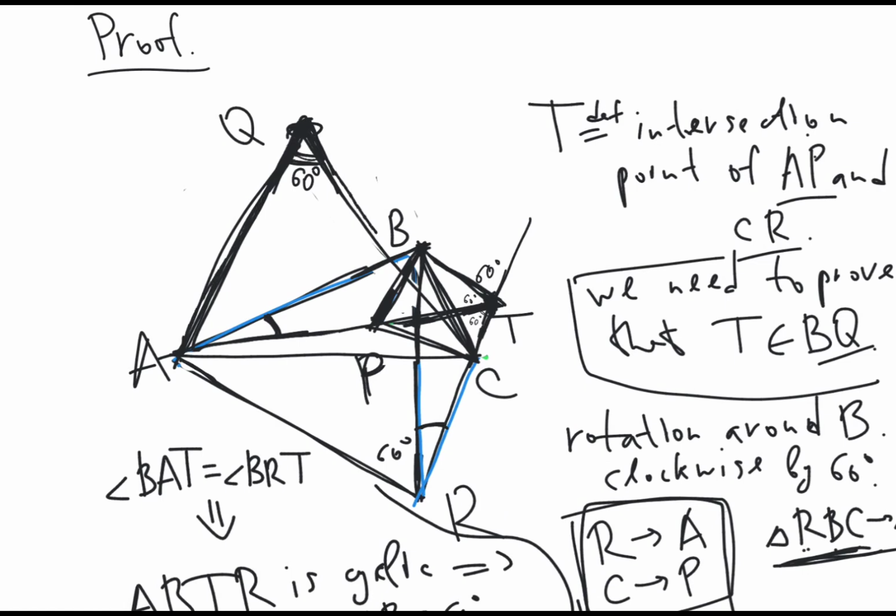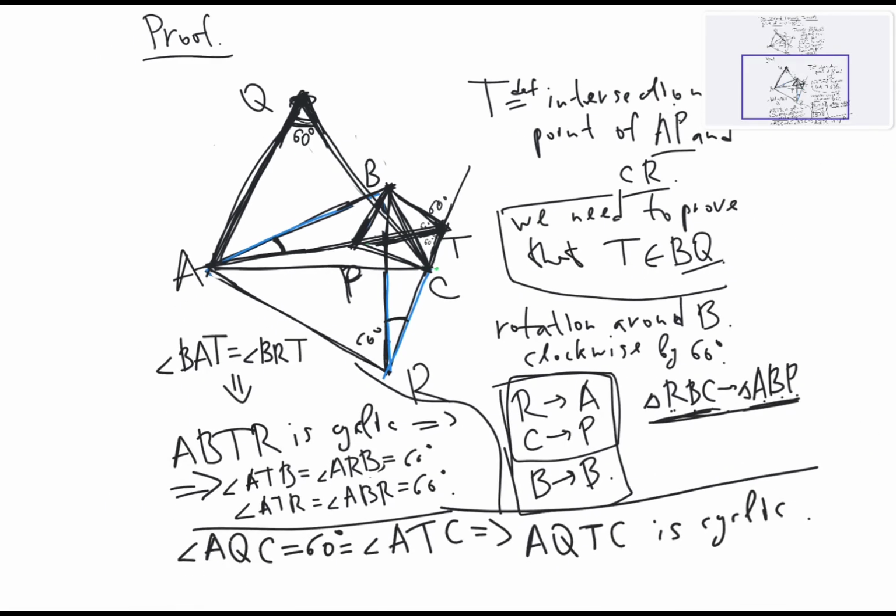This angle is equal to this angle, so they are both subtending the side AC. Since they are equal, this quadrilateral is cyclic.